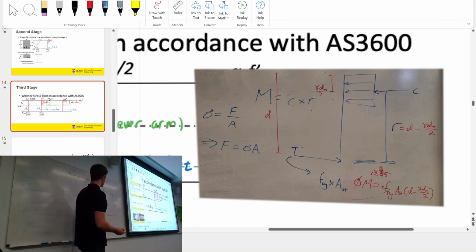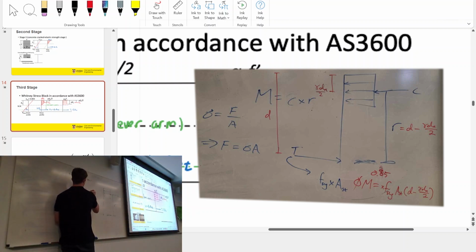So the moment there is just going to be the force times the lever arm. So the moment is, say for example, T times R, right? Or C times R. Doesn't matter which one you choose, but it's just force times lever arm.